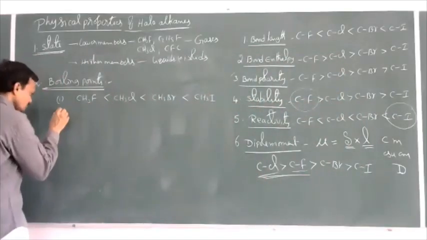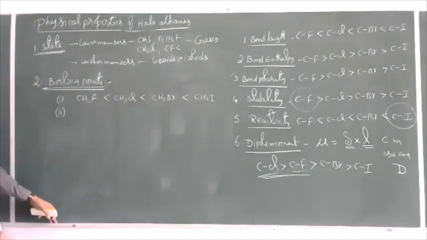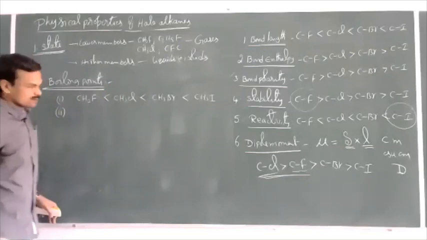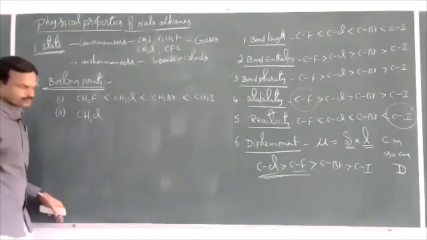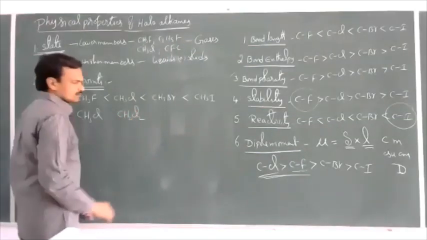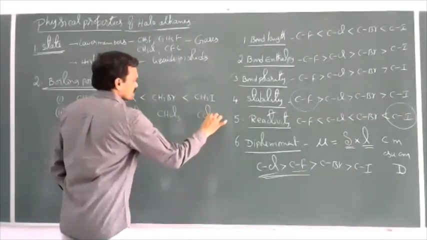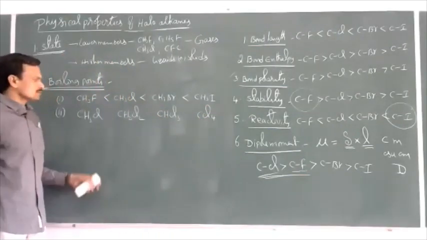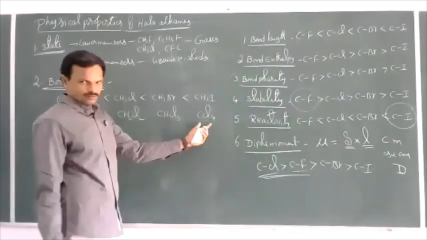Now, with the same number of carbon atoms, I will increase the number of halogen atoms. So here, I'll take CH3Cl, CH2Cl2, CHCl3, CCl4. Methyl chloride, dichloromethane, trichloromethane, tetrachloromethane.